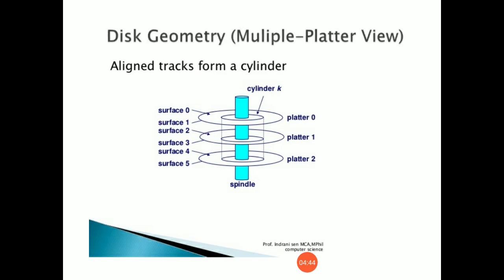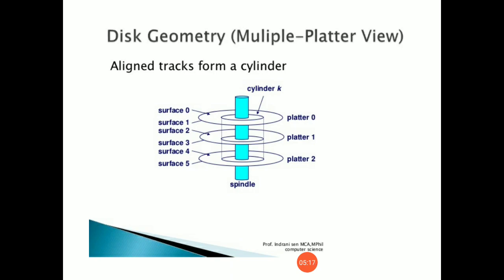Data bits are stored serially on each track. The set of the same number of tracks on different disks of a disk drive unit will lie on the surface of an imaginary cylinder. The disks are addressed by a drive number, cylinder number, that is the track number, surface number and sector number.